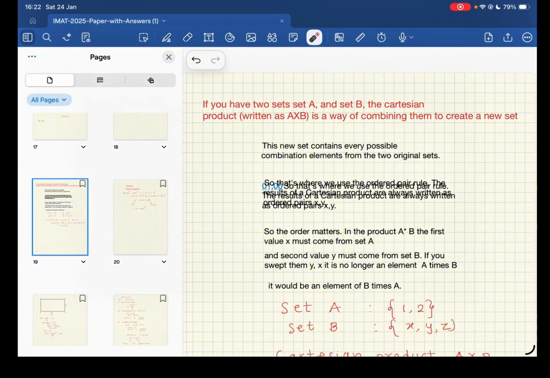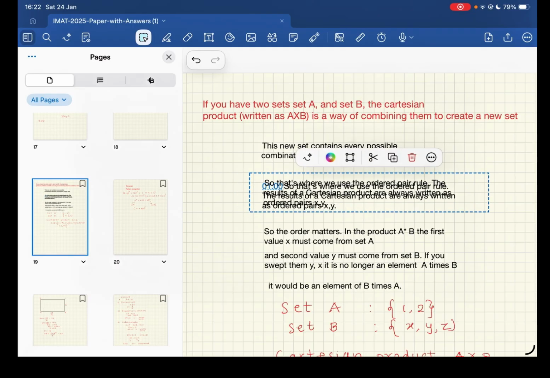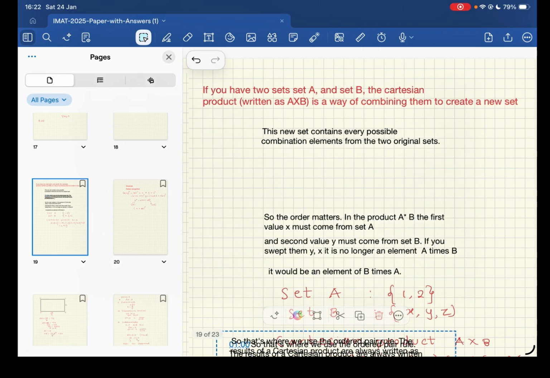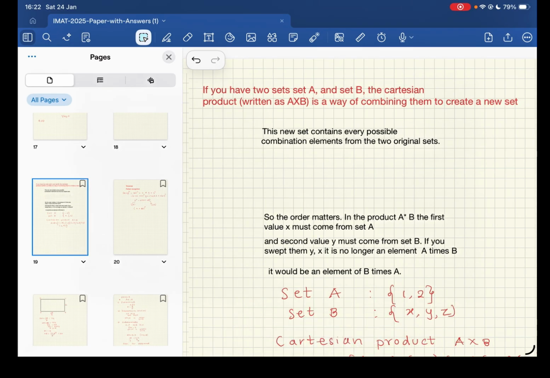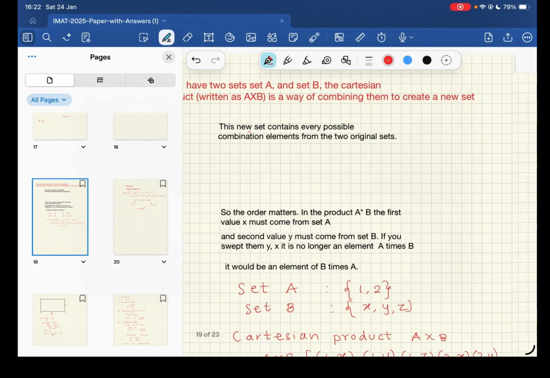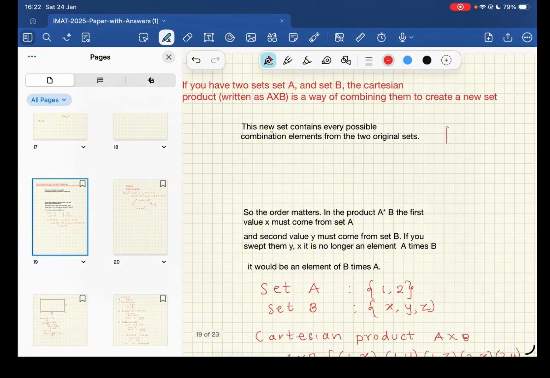Here we'll be talking about the ordered pair rule. So what is this ordered pair rule? First, the new set contains every possible combination of elements from the 2 original sets. A very simple idea is our Cartesian coordinates.